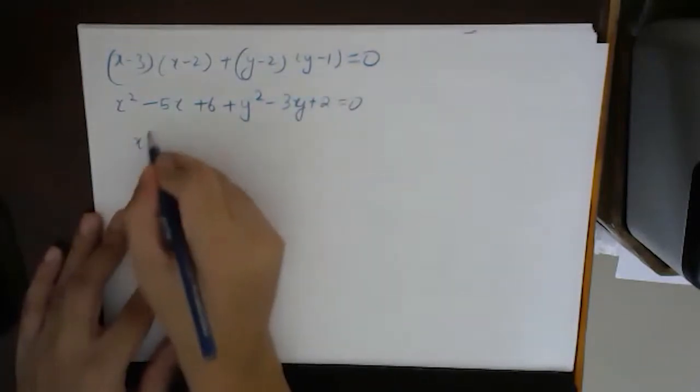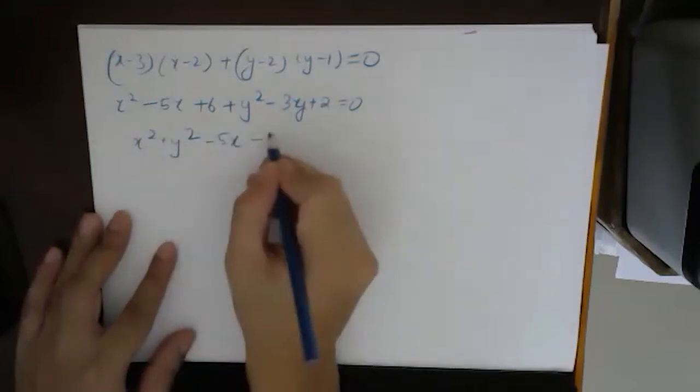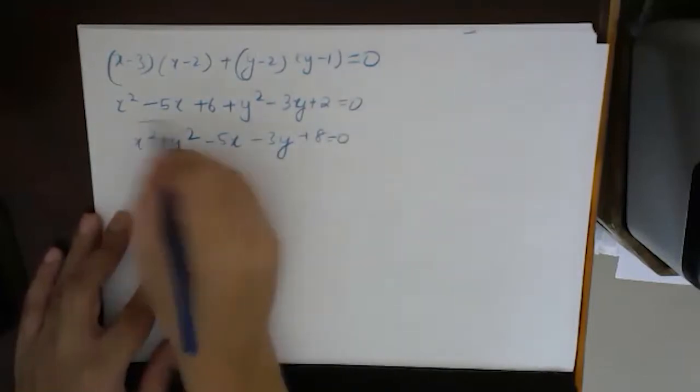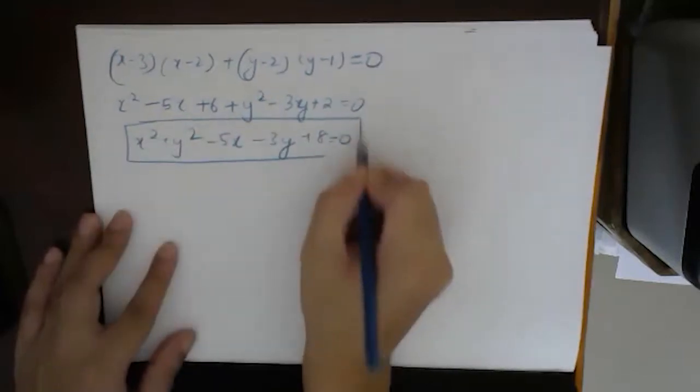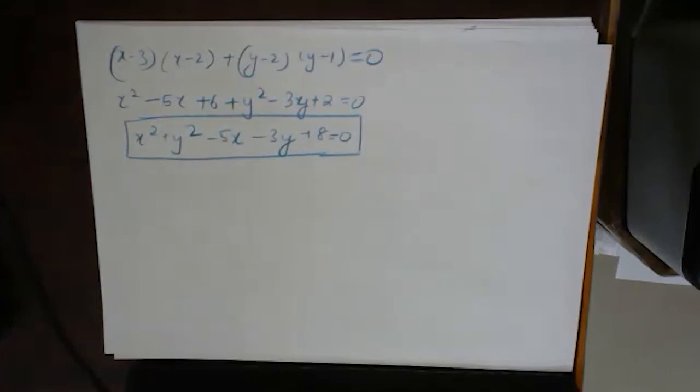So this will become x square plus y square minus 5x minus 3y plus 8 equal to 0. This will be the required equation of the circle which is asked from us. Understood?